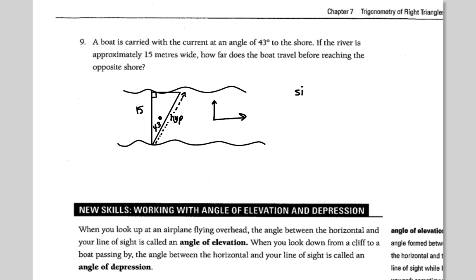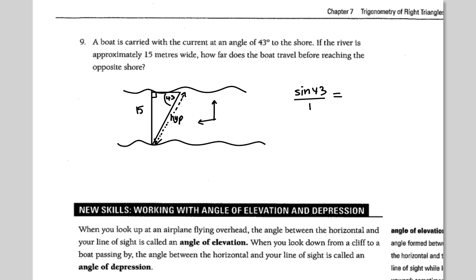So we say sine 43 over 1 equals... no, this is incorrect. The angle's in the wrong spot. 43 is here. So the current must be pushing it to the left, so the boat is traveling actually down and left.